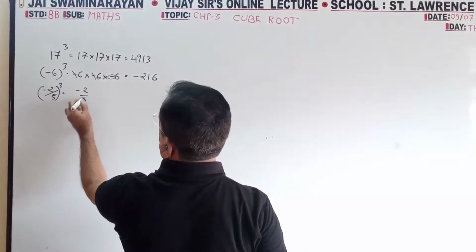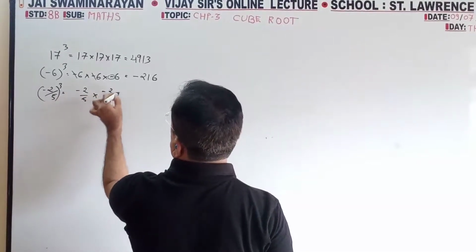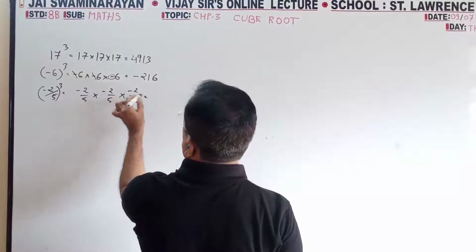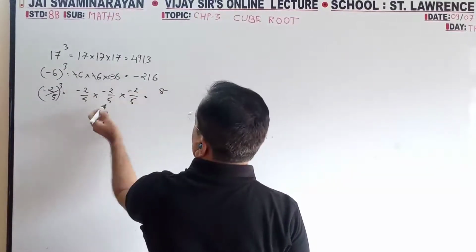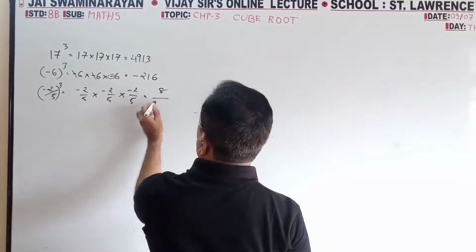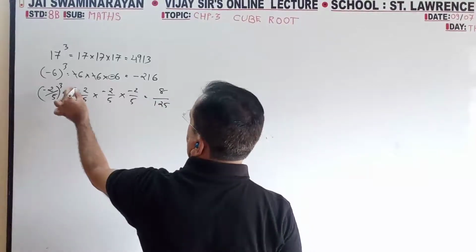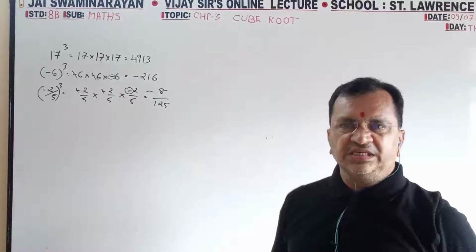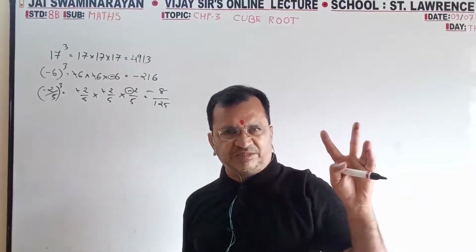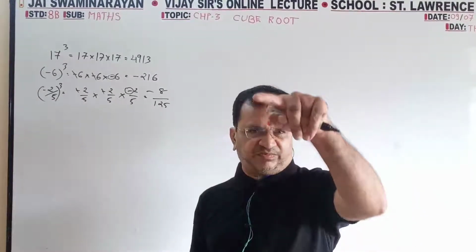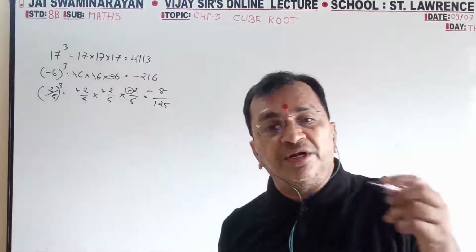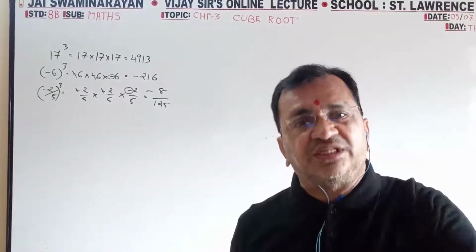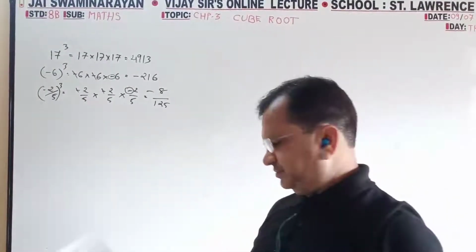So minus 2 by 5, minus 2 by 5, minus 2 by 5, 2 to the 4 to the 8, 5 5 is 25, 5 is 125, minus minus plus, this minus remains. If it is 4 times minus, then minus minus plus, minus minus plus, plus plus plus. If an odd number of times minus is there, then in the answer you have to write minus.